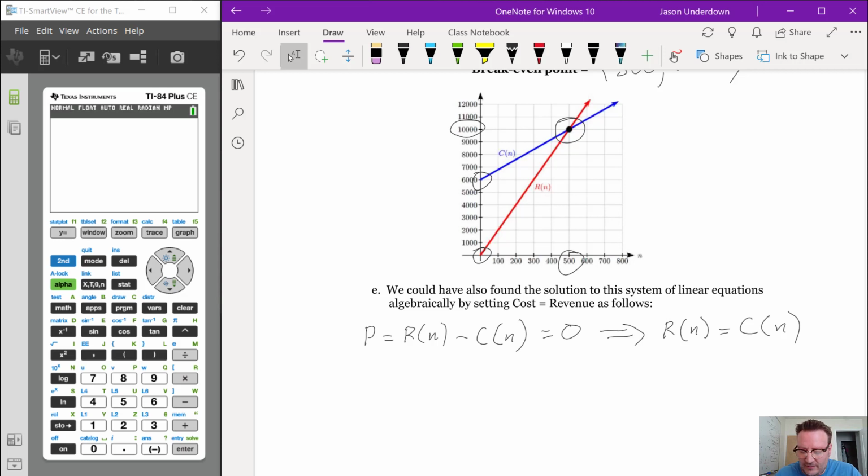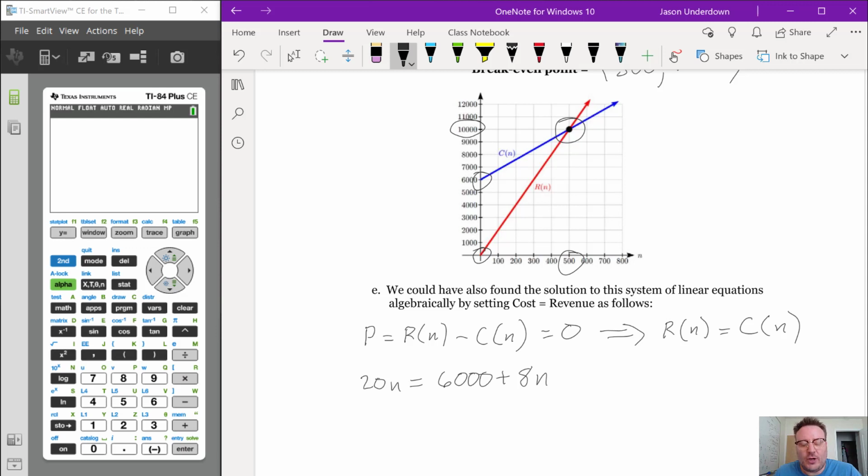Okay, so this is one way we can algebraically solve a system of linear equations that involve cost and revenue. So let's see here, our revenue function is 20n. Let's set this equal to our cost function, which is 6,000 plus 8n, and then solve for the n that satisfies this equation.